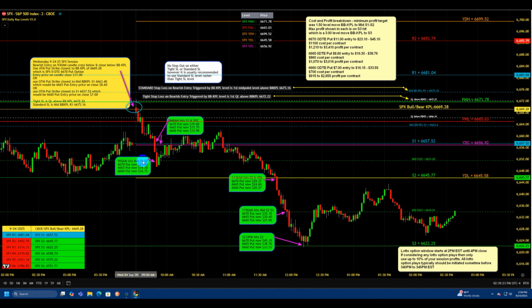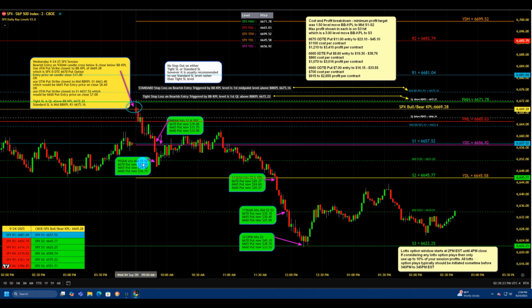If you like to scale out of trades and trade multiple contracts, say you traded 5 contracts, then at this 1.5 level move point, you can also consider closing out 70 to 90% of the contracts you have, leaving the remaining few contracts as runners, and then adjusting the stop on the runners.